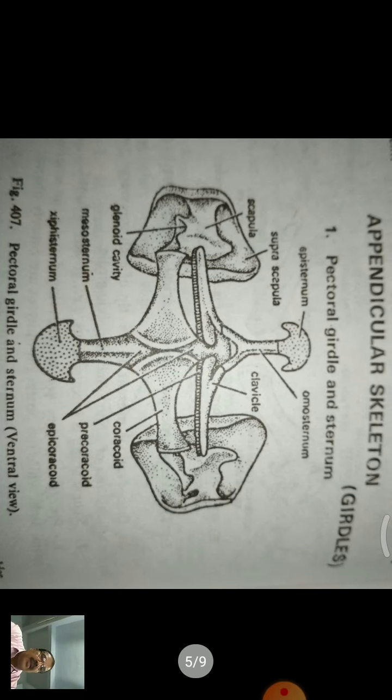So the appendicular skeleton includes pectoral girdles and pelvic girdles.